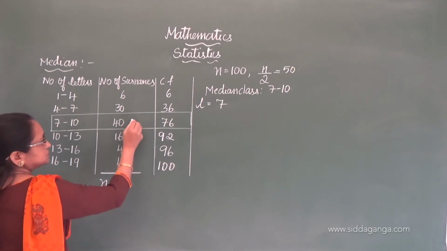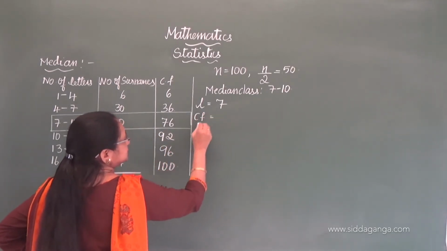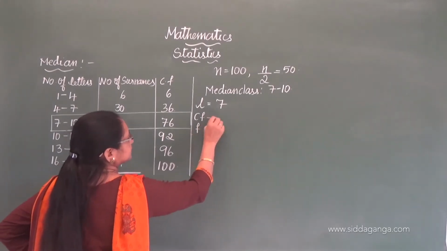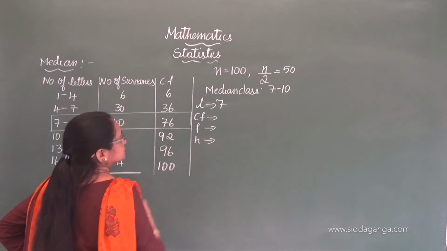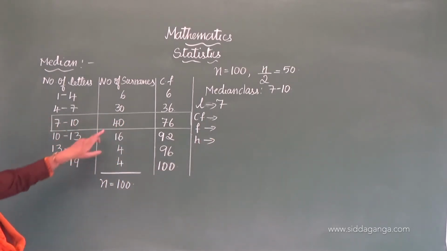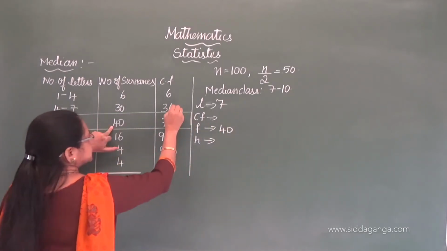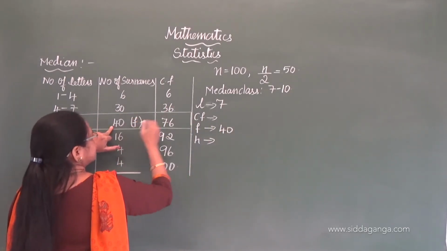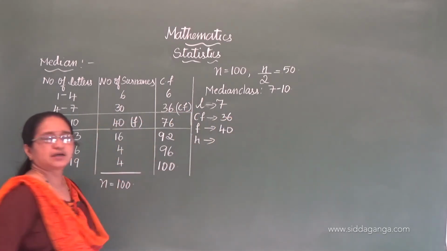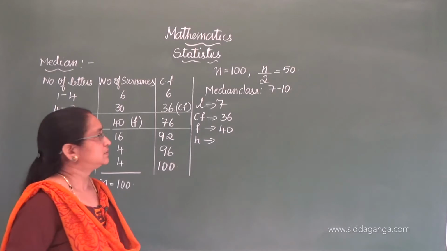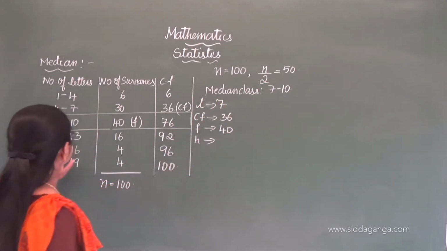Then, as you all know, you have to find out the cumulative frequency and the frequency, and H. Now the frequency F is 40, and the cumulative frequency is 36. I hope you can try to recall all the steps.